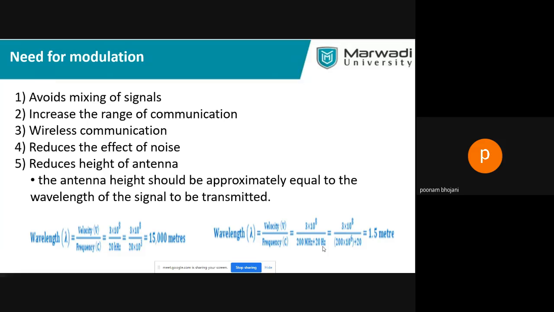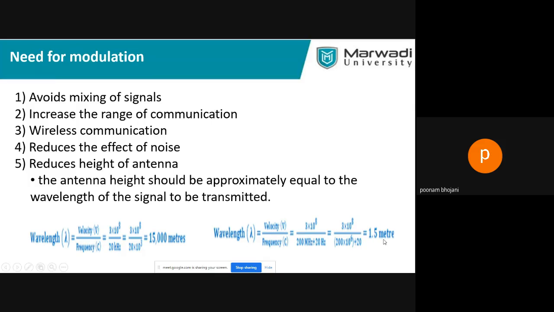If you are superimposing your signal, even if it is 20 kilohertz, then it will be superimposed over the 200 megahertz signal. Even if you ignore this frequency, your frequency will be 200 megahertz. And in this case, the requirement for the height of the antenna will be 1.5 meters. If this is the wavelength, then you can divide it by 4.